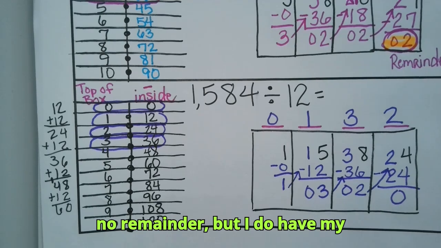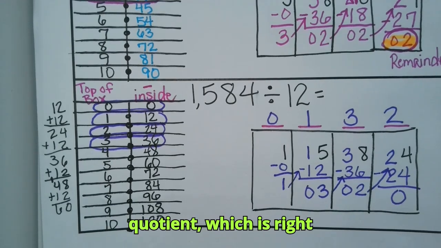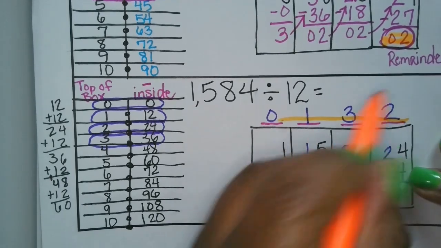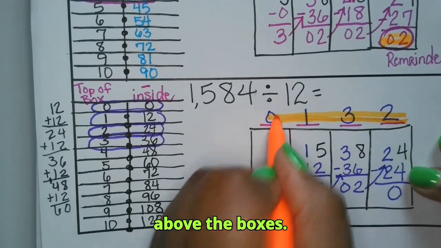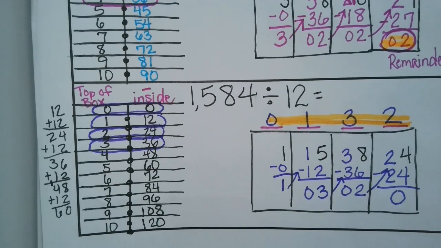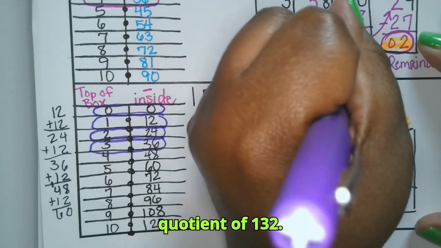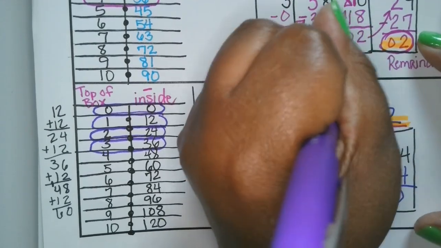So that means I have no remainder. But I do have my quotient, which is right here above the boxes. 1,584 divided by 12 gives me a quotient of 132.